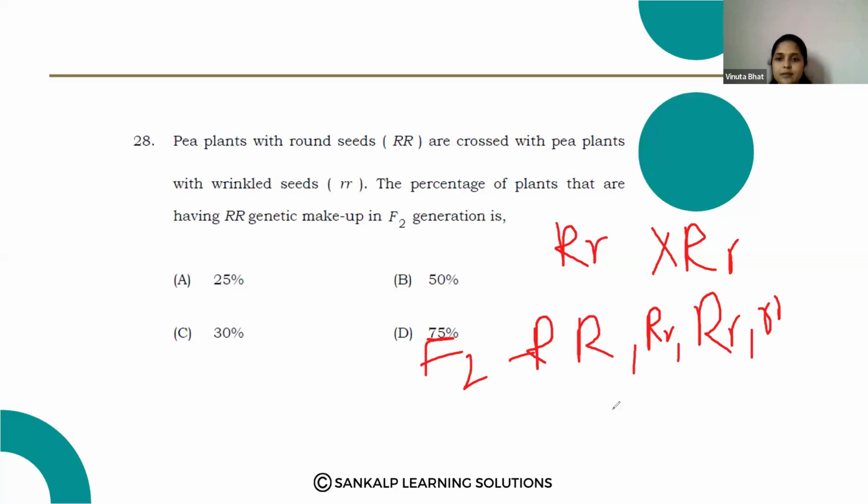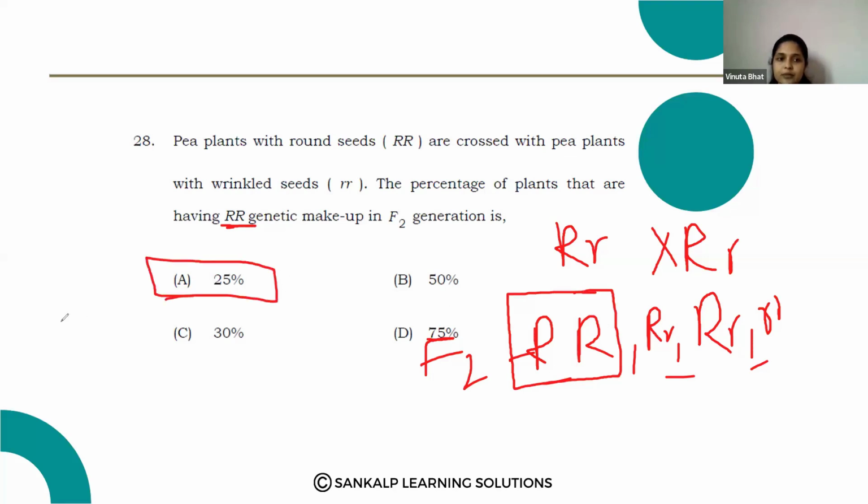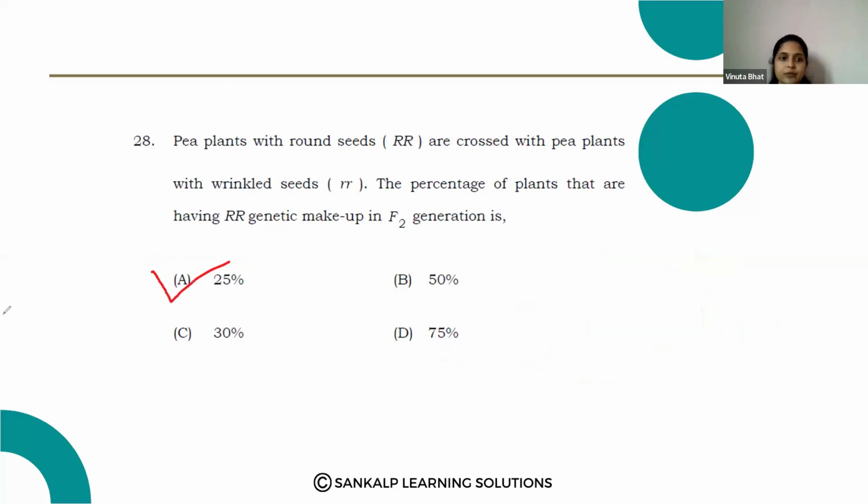Okay. So that is the thing. Here they asked about the F2 generation's rr genetic makeup. Here in these four plants, only one plant is there. So you can say option A, 25%. Option A is the correct answer. That is the 25%. Okay.